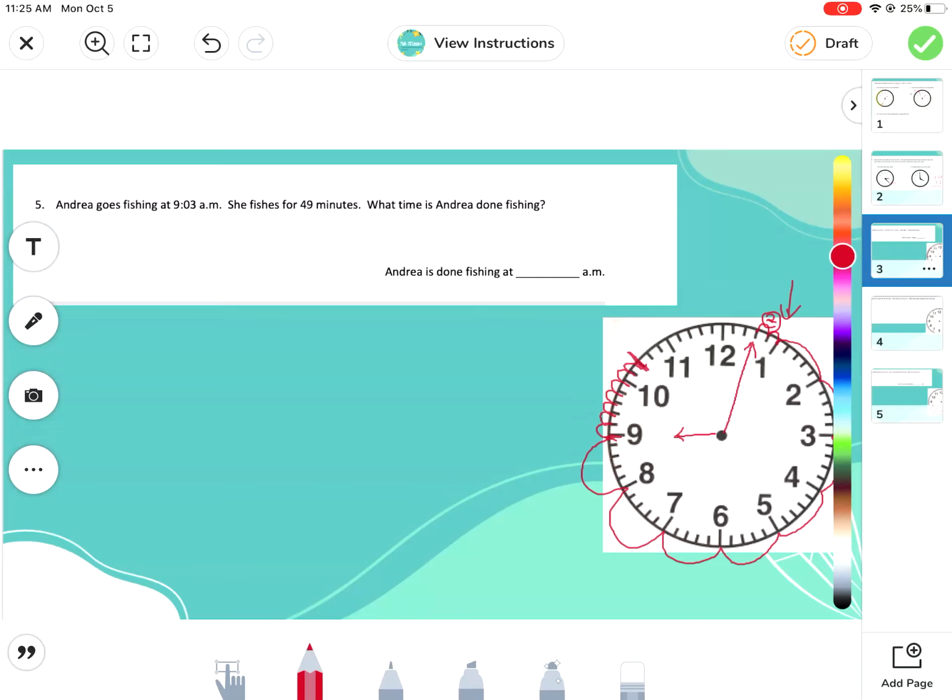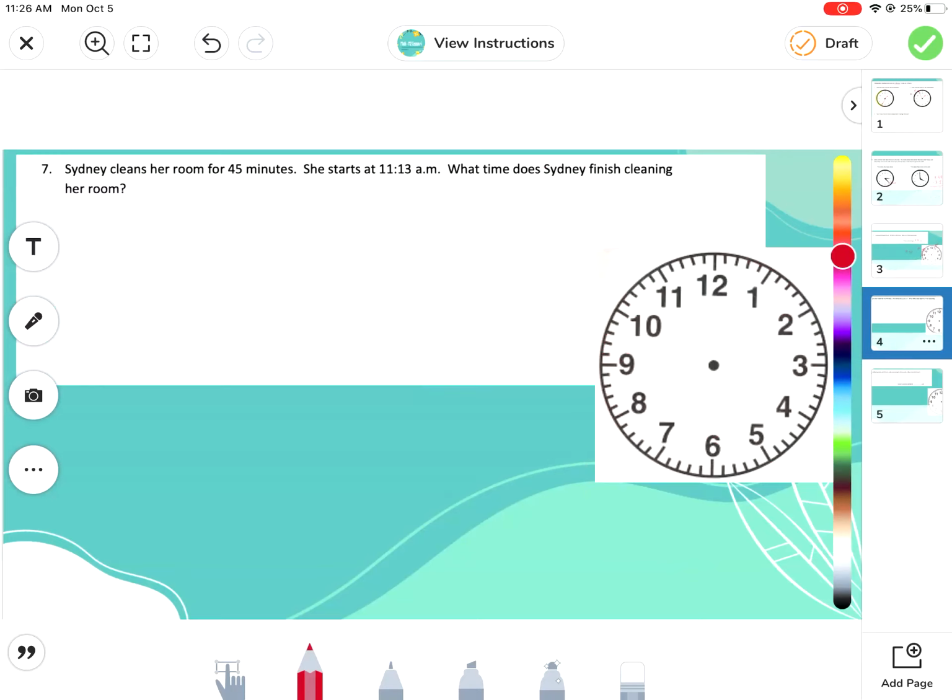So this is where it stopped. So that's going to be 9. So we know that this is 50, but this is 2 after 50, so it's going to be 9:52. Let's move on to the next question.